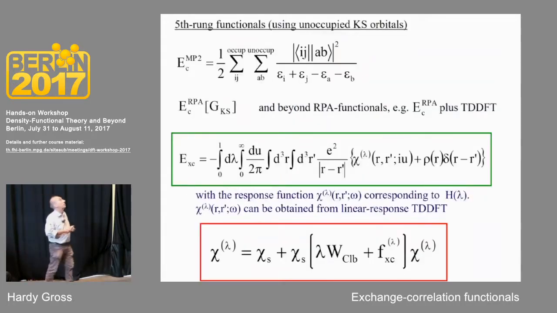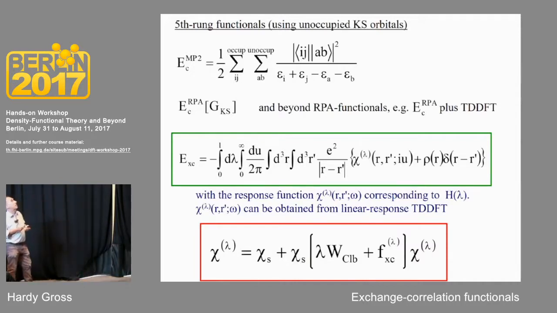So let's see what the final rung looks like. Here one could use perturbative expressions, MP2, that involve both occupied and unoccupied orbitals and orbital energies. RPA functional is of that kind.